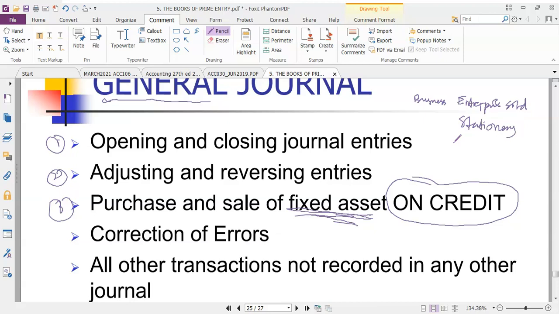Sekarang I want to ask you. If you as an owner, owner dia nama dia Ali. Owner of the business that sold stationery is Ali. Ali purchase goods on credit.